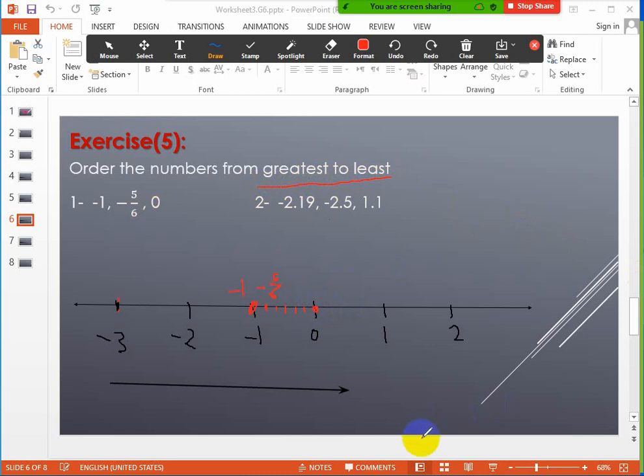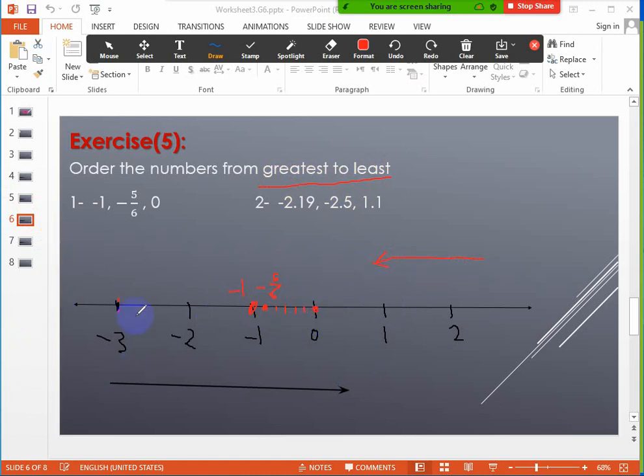Yes, Maria, give me the correct order. Look, from the greatest to the least. That means the opposite direction.